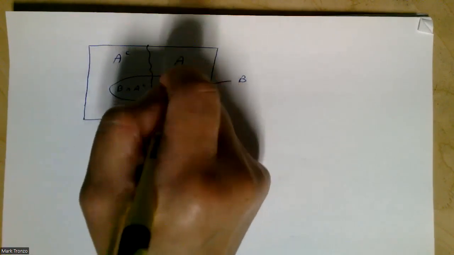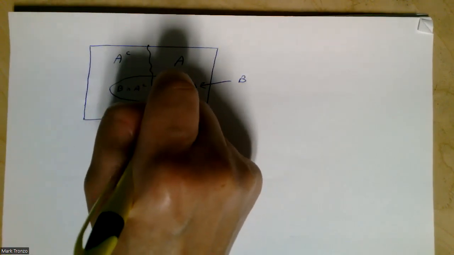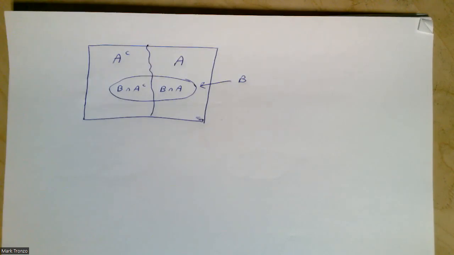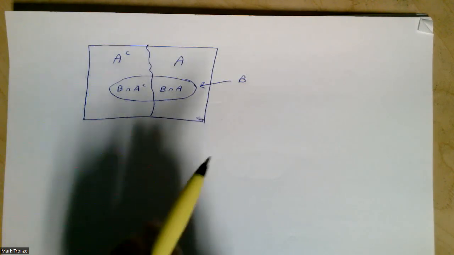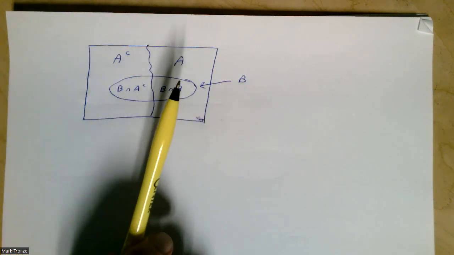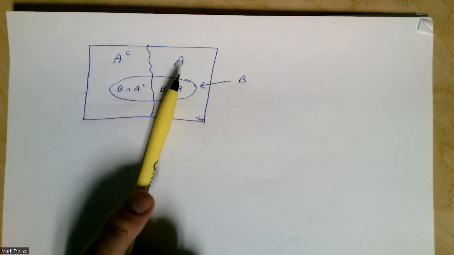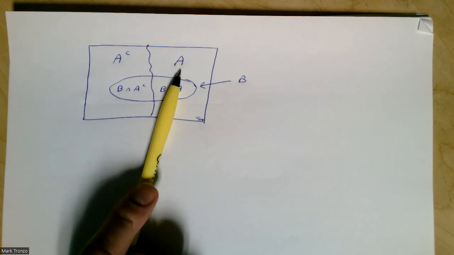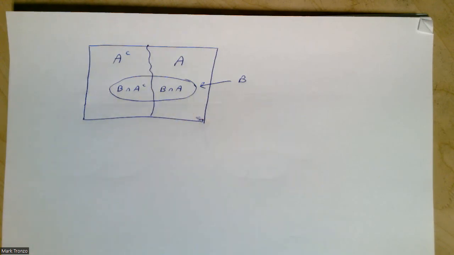This part over here is going to be B intersection A. And this picture can sometimes be helpful, especially if you're dealing with a problem where one set has A and its complement.